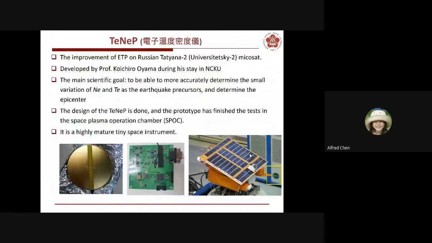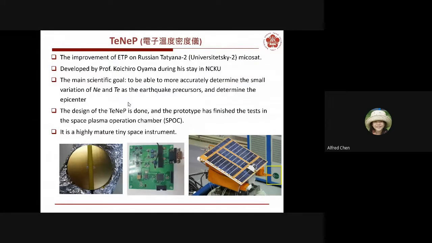And for the TNAP, this is the improvement of the ETP on board the Russian Tatiana microsatellite. As I mentioned, it was developed by Professor Oyama during his stay at NCKU. Originally, his main scientific goal was to accurately determine small variations of the NETE as an earthquake precursor and determine the epicenter.